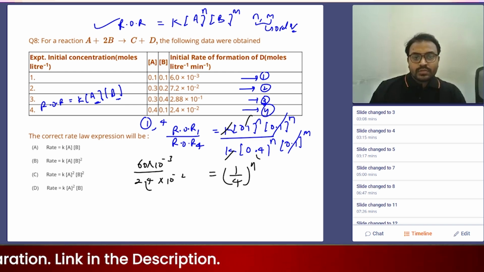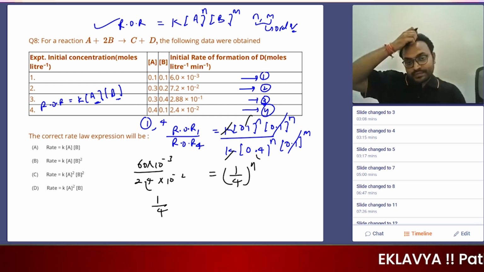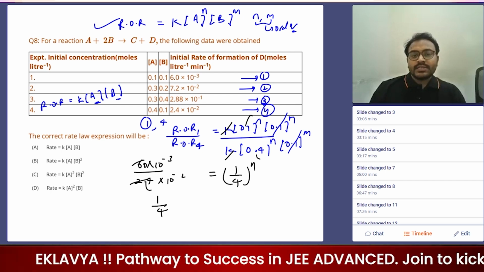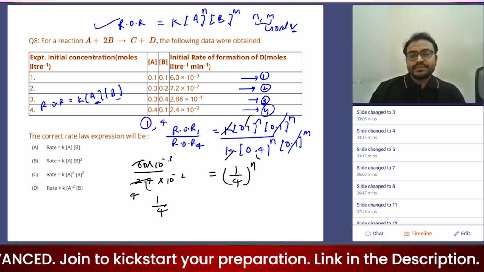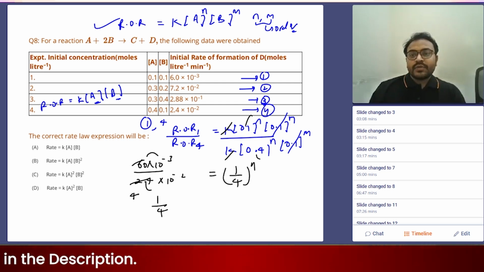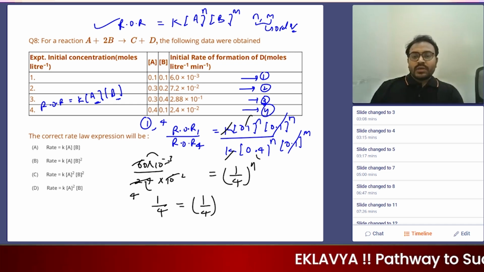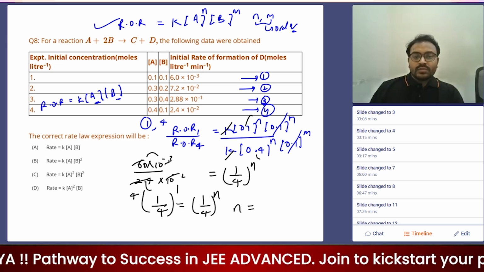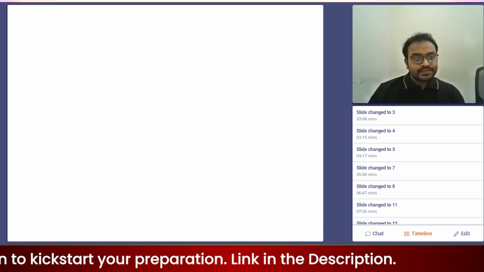So we'll get here 1 by 4, because we can divide 24 by 6, okay? So 1 by 4, and the 10 to the power of minus 2 in the upper part and the 10 to the power of minus 2 will get cancelled, so we are getting 1 by 4, and this also 1 by 4 to the power of n. So the n value we can take as 1, so we are getting n equal to 1, okay?